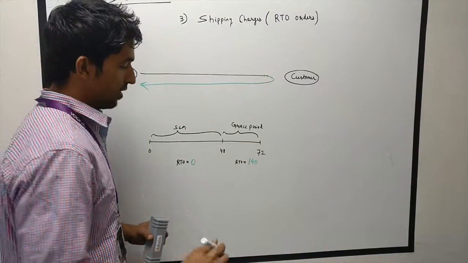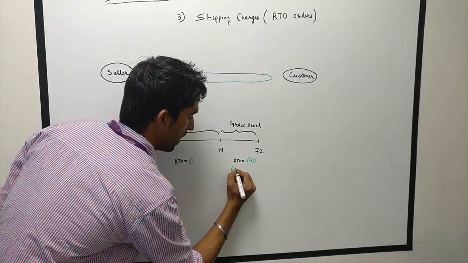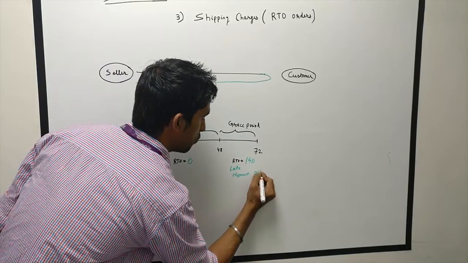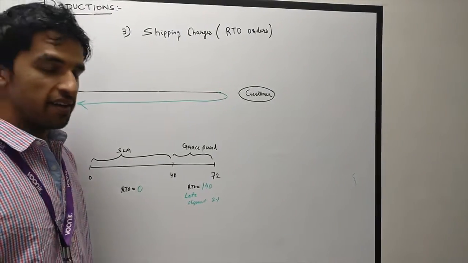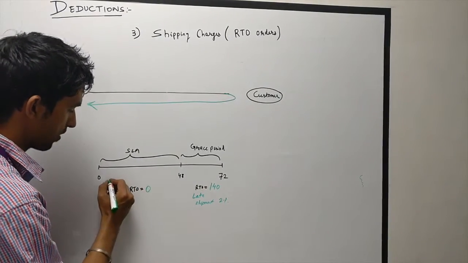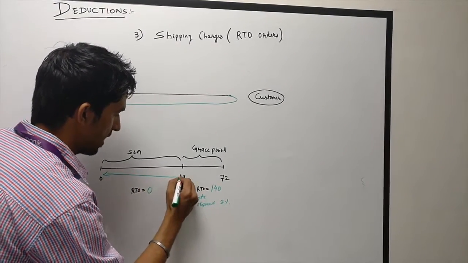Also keep in mind, there will also be a late shipment penalty of 2%, which please keep in mind. In order to avoid RTO charges, please ensure that you ship orders in the SLA period specified.